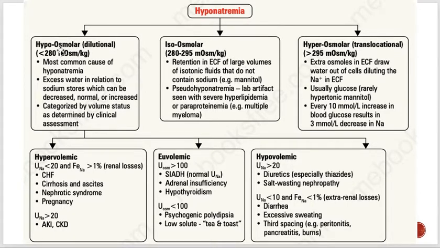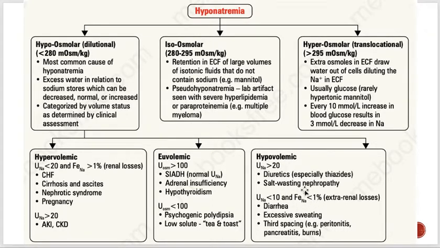If you come over here, when there is hyponatremia with hypoosmolality, the most common cause of hyponatremia is this one: excess water in relation to sodium stores, which can be decreased, normal, or increased. So what we have to do clinically is check whether the patient is hypervolemic, euvolemic, or hypovolemic. A person who is hypovolemic, you will find their urine output may be very low.